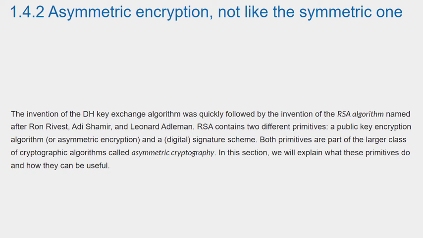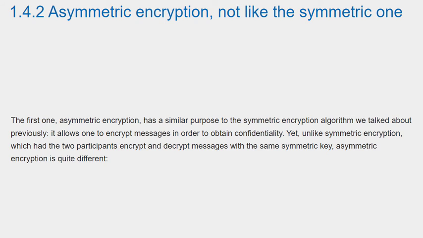In this section, we will explain what these primitives do and how they can be useful. The first one, asymmetric encryption, has a similar purpose to the symmetric encryption algorithm we talked about previously. It allows one to encrypt messages in order to obtain confidentiality.